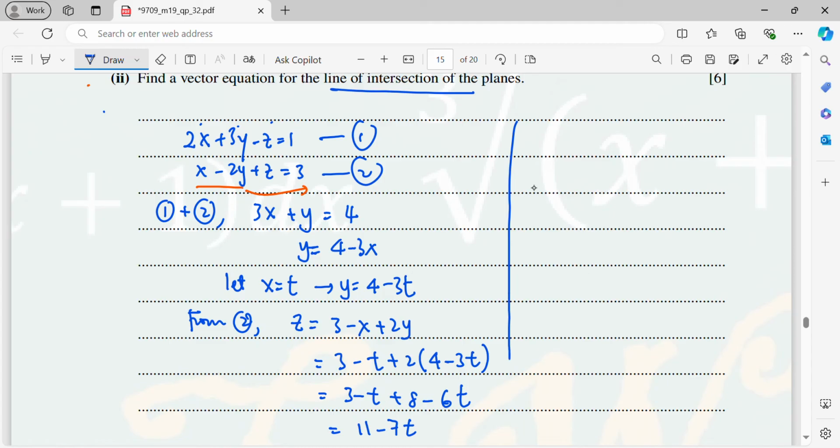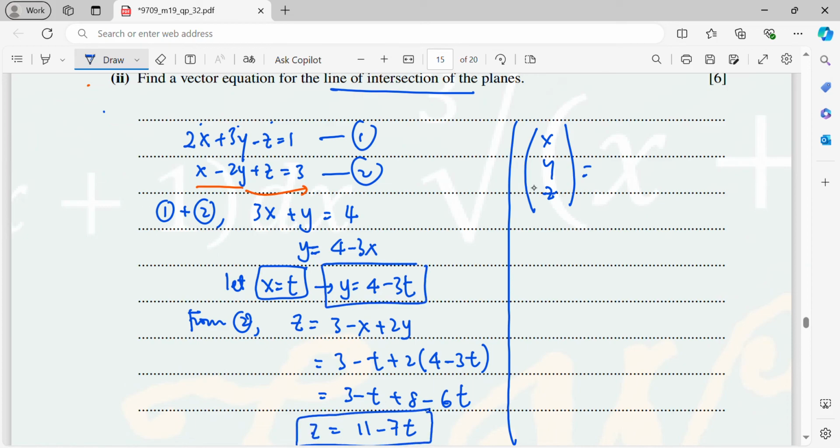So here, you write your x, y, z vertically in vector form. So my x is basically t. Refer to all these three results. So x is 1t. Your y is 4 minus 3t.